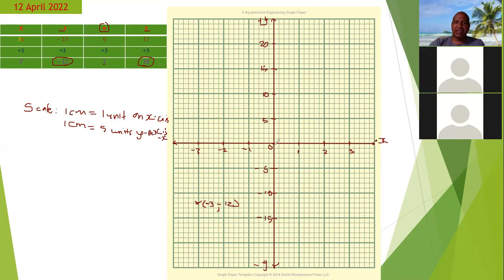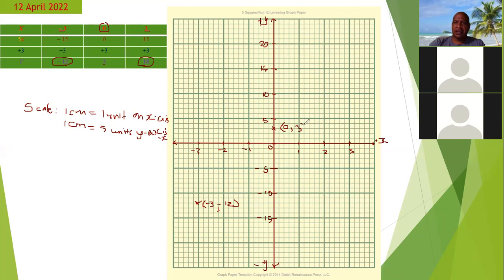So we go to x equals 0, which would be here, and we're going up, y equals 3. So we are going up from 0. I have to count 3 of these tiny boxes: 1, 2, 3. And so the next point is going to be right on the y-axis, 3 units above the 0. So this point is x equals 0 and y equals +3.